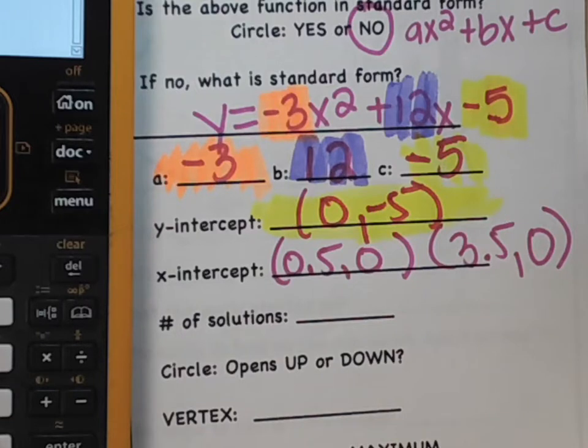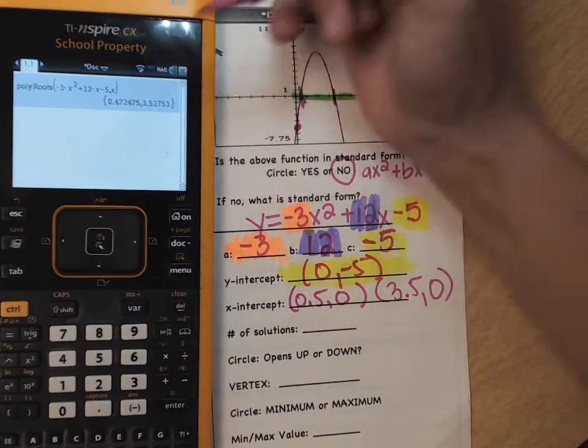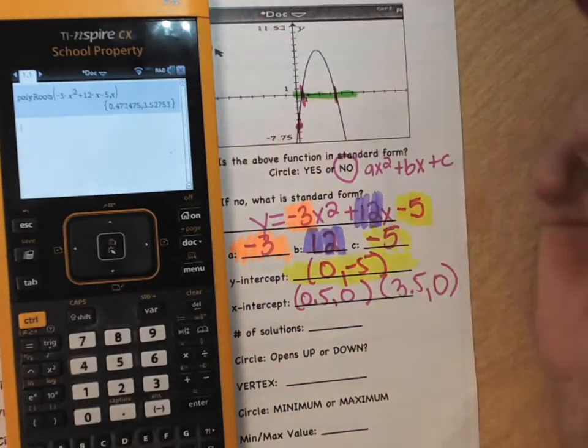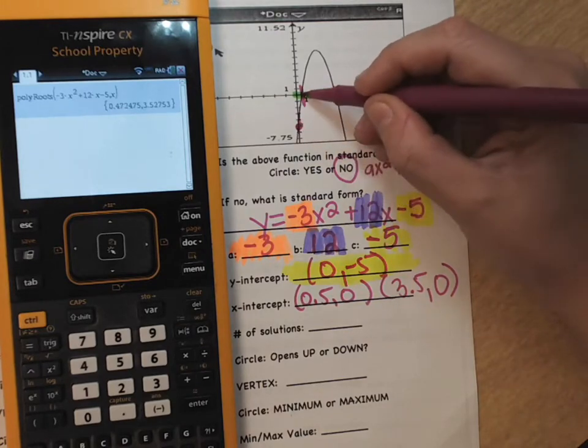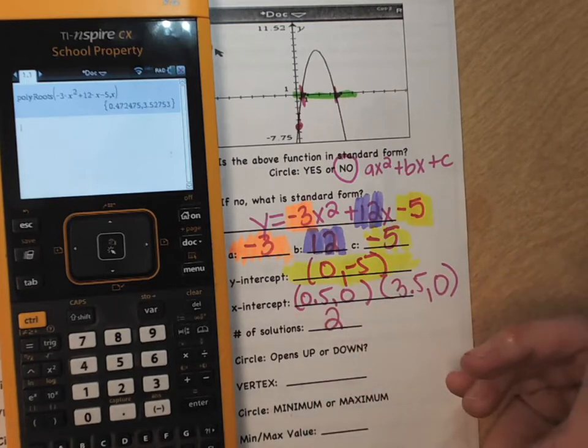Okay, you could also graph it if you wanted and get the same picture as the one graphed above, but this actually gives you the number answer. So how many solutions are there? Well, there are 2. It touches 1, 2. This is not a solution. Just where it touches the x are the number of solutions.